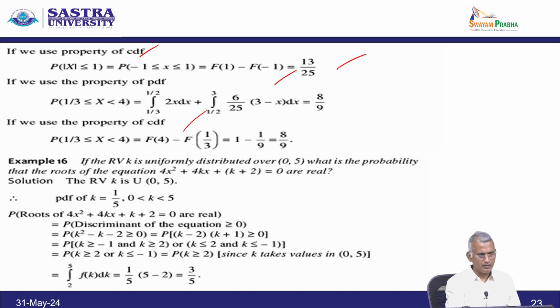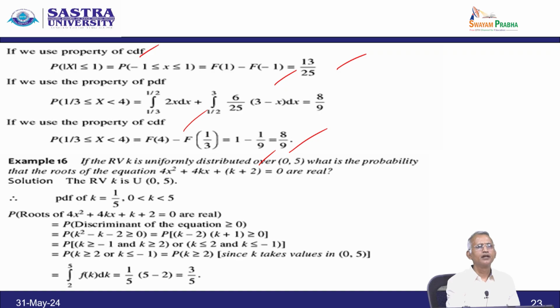Next example: a random variable k is uniformly distributed over 0 to 5. What is the probability that the roots of the equation 4x square plus 4kx plus k plus 2 equal to 0 are real?